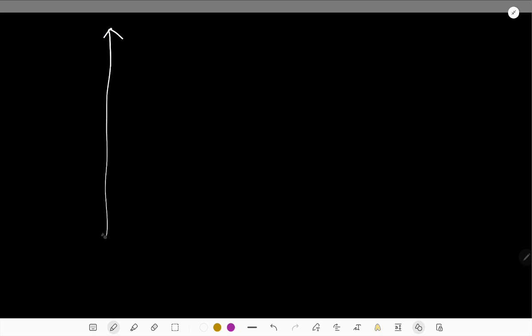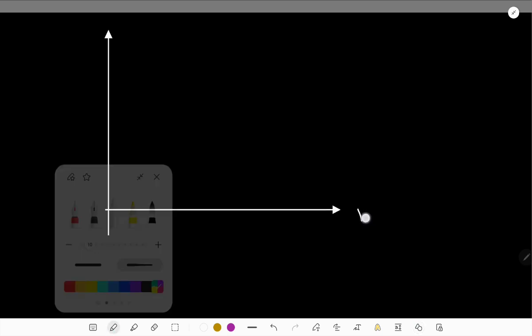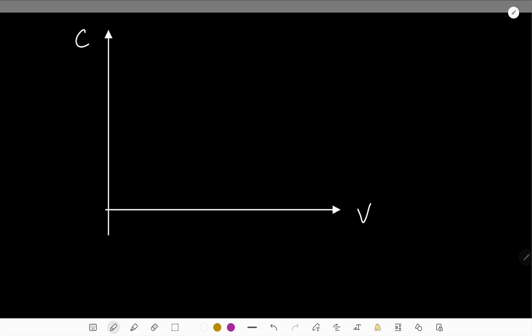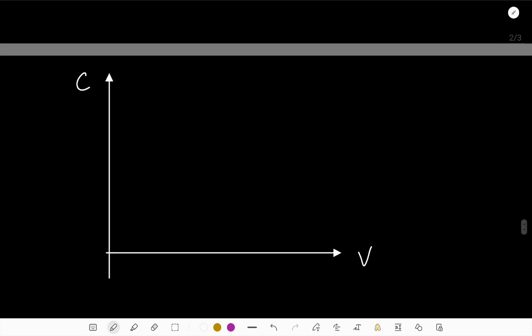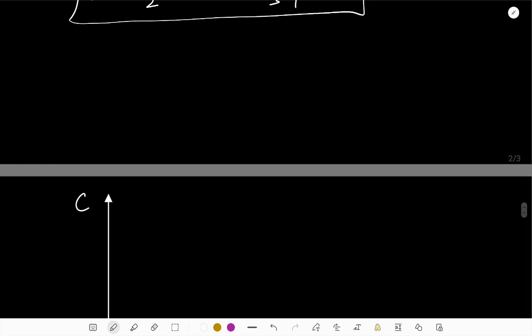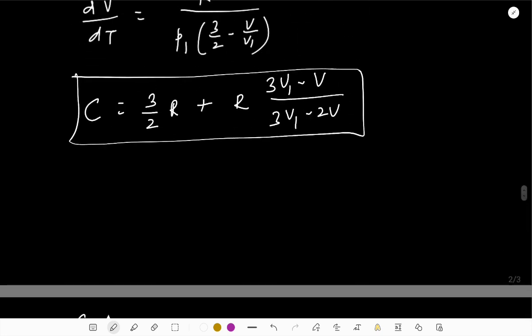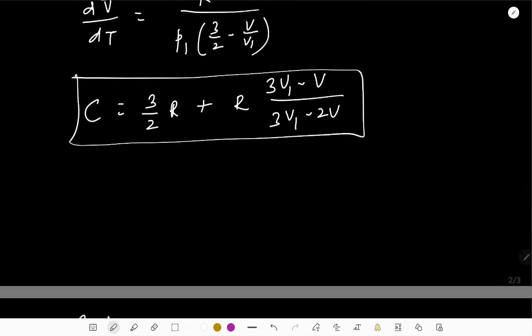If I draw C and V here like this, you can see from the expression that when V is equal to 3 by 2 V1, that means when the denominator vanishes, there will be an asymptote, C tends to infinity.